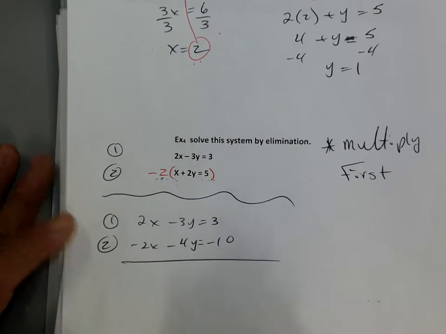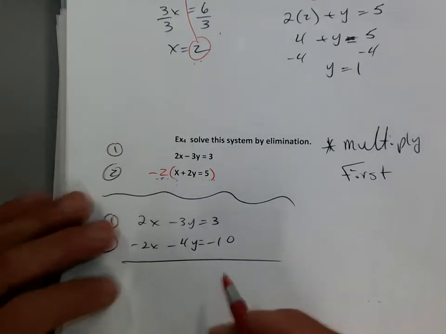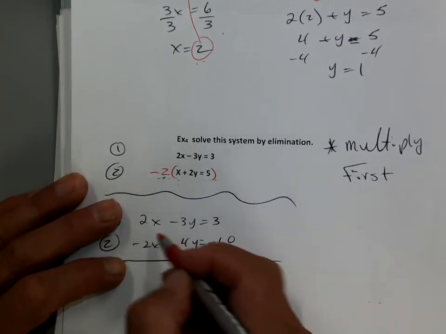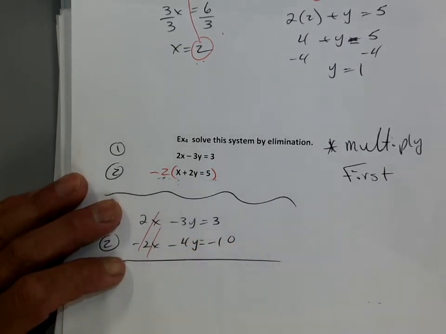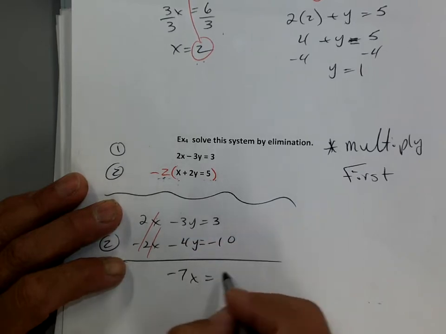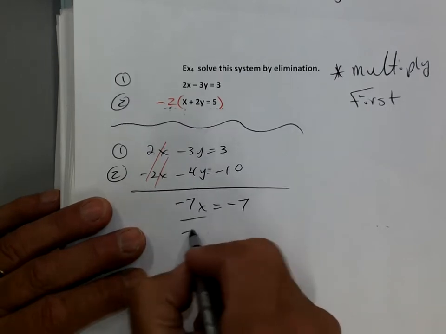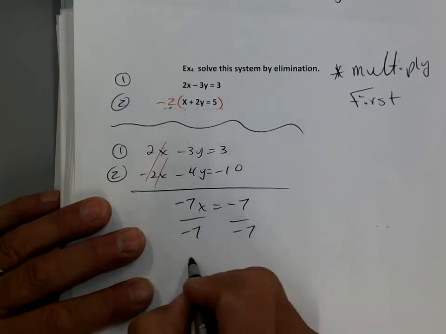Now if I add and use the elimination method, the 2x and negative 2x cancel. I'll get negative 7y equals negative 7. Oh, I like this. It's going to work nicely for me. Divide by negative 7, divide by negative 7, y equals 1.